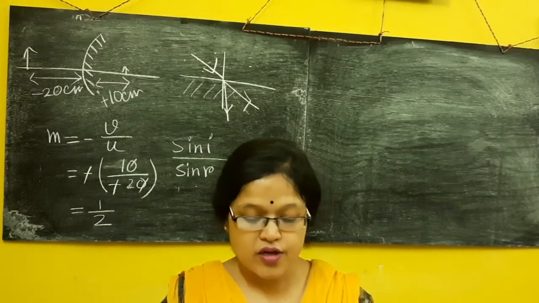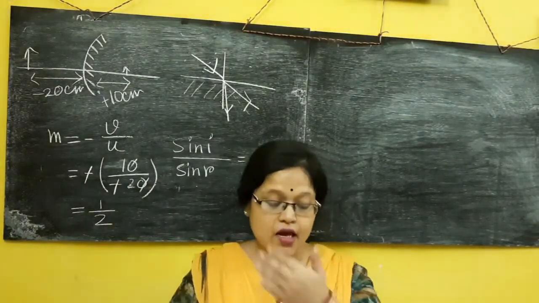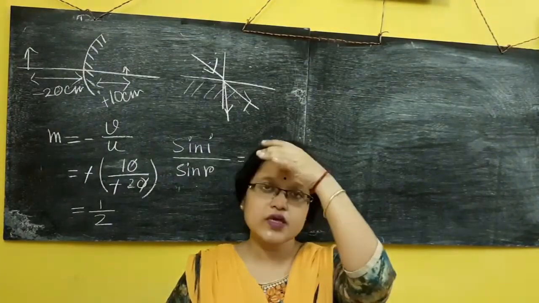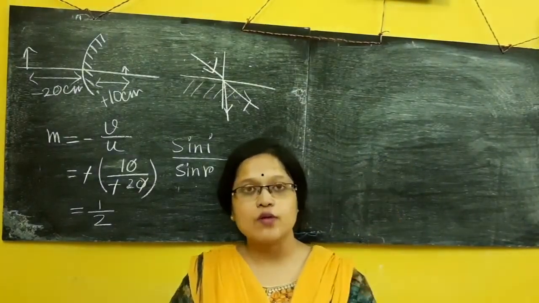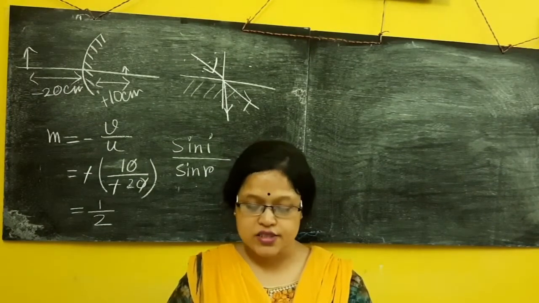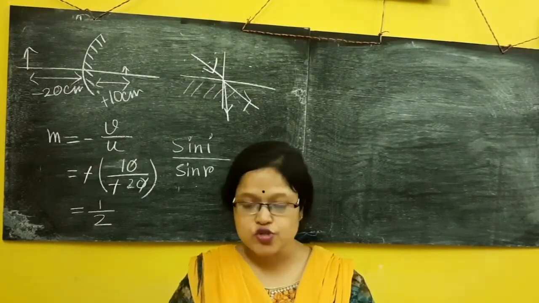Calculate the refractive index of that medium. In my previous class I discussed that the refractive index of a medium depends on the speed, meaning the speed of light in air or vacuum and the speed of light in that medium. The refractive index is the ratio of these two speeds.